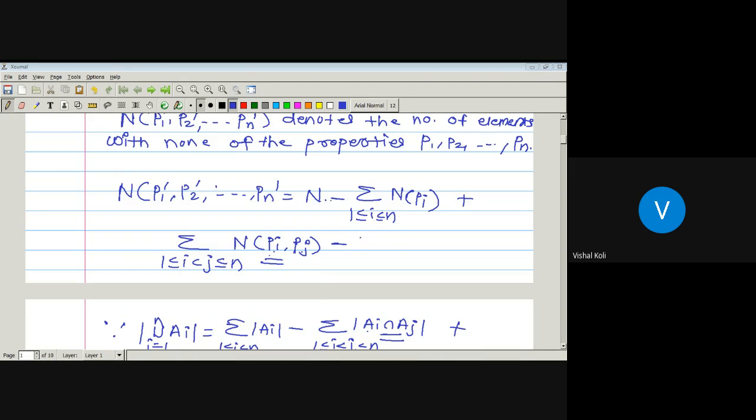Again minus summation 1 less equal i less than j less than k less equal n of n of Pi Pj Pk, plus up to so on. The last one is nothing but minus 1 to the power n of n of P1 P2 up to so on Pn, which is just by using this formula, as we know that.